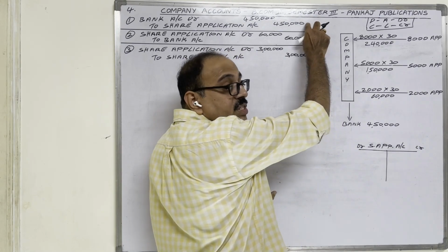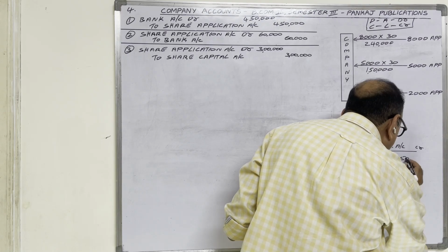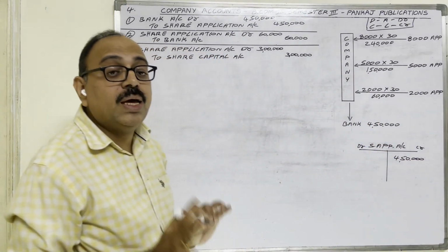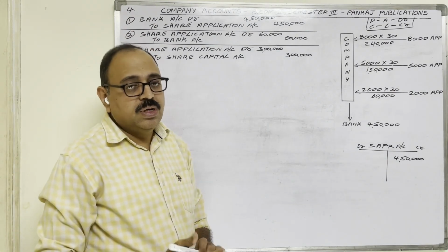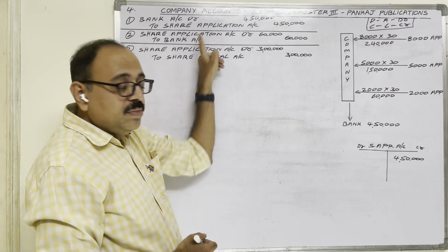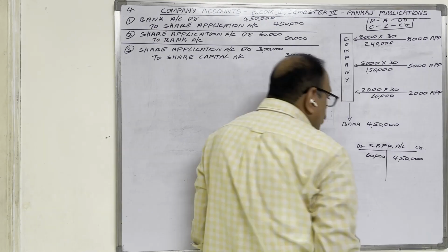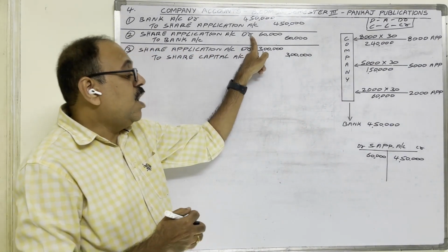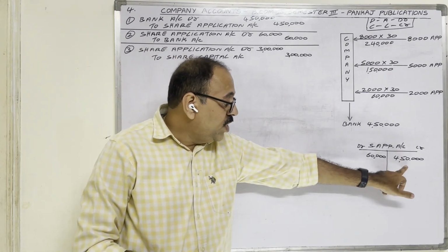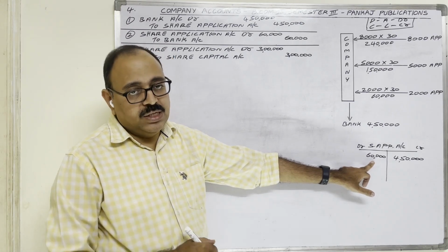As per this first entry, 4,50,000 will be credited in share application account, showing a credit balance of 4,50,000. Second entry, 60,000 is debited. After this second entry, how much will be the credit balance? 4,50,000 minus 60,000, 3,90,000 credit balance is there.